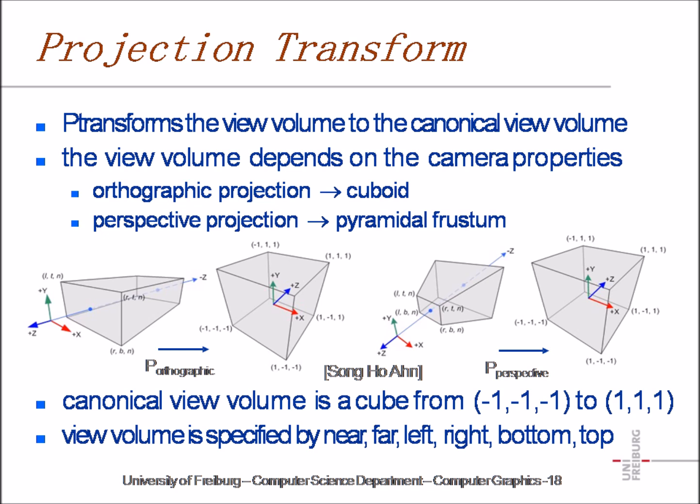Hence, in all cases, the end result is the canonical view volume in cubic form. However, the view volume is specified by near, far, left, right, bottom characteristics in terms of object clipping.